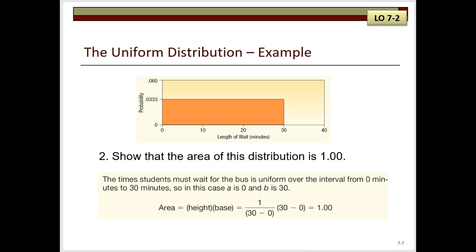To show that the area of the distribution is 1, we apply the formula 1 divided by the difference between 30, the largest point of the distribution, and 0, the smallest value of the distribution. We then multiply the resulting number by the difference between 30 and 0. The product is 1, the area of the uniform distribution.